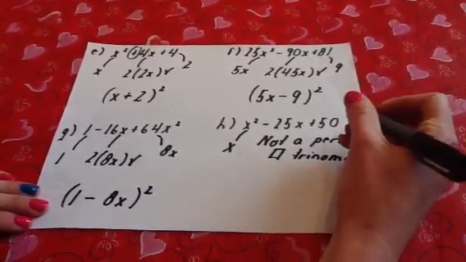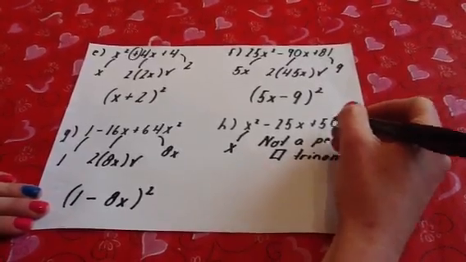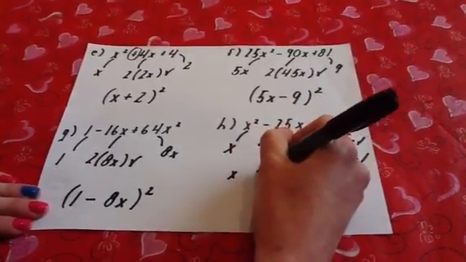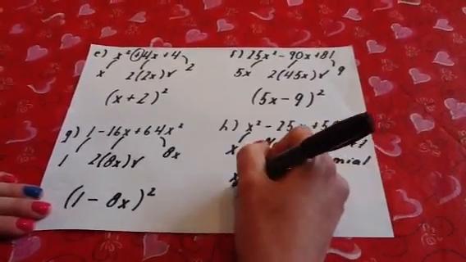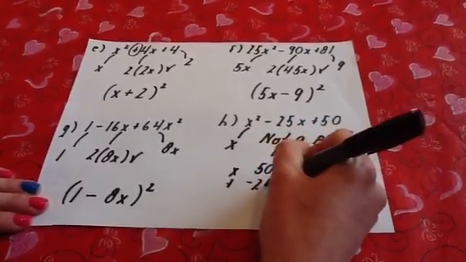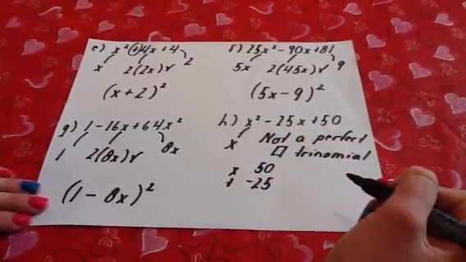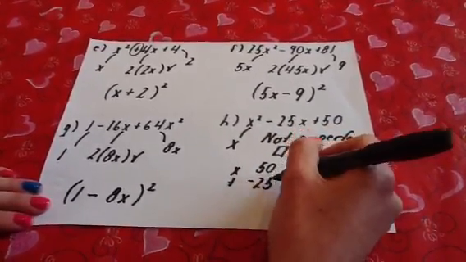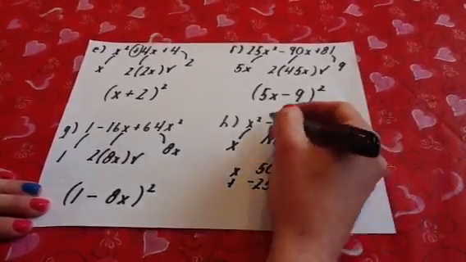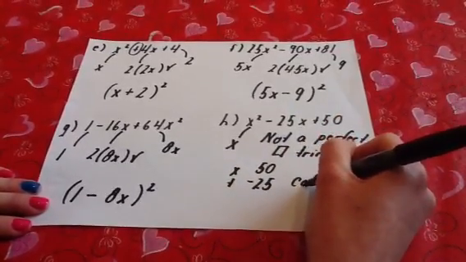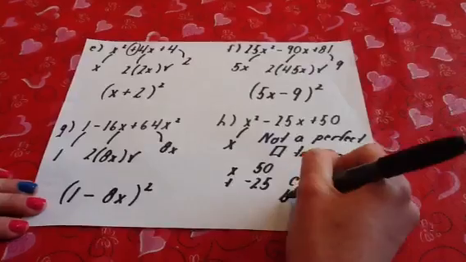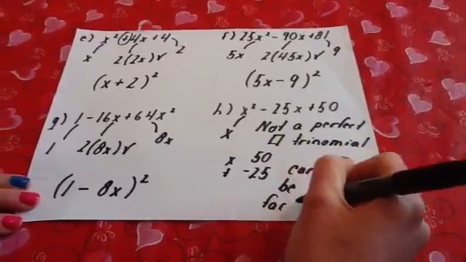So that, remember, is we need two numbers that multiply to give me 50 and add to give me negative 25. And there turns out to be no factors of 50 that will give us 25. So this whole trinomial, it can't be factored. So we just leave it the way it is.